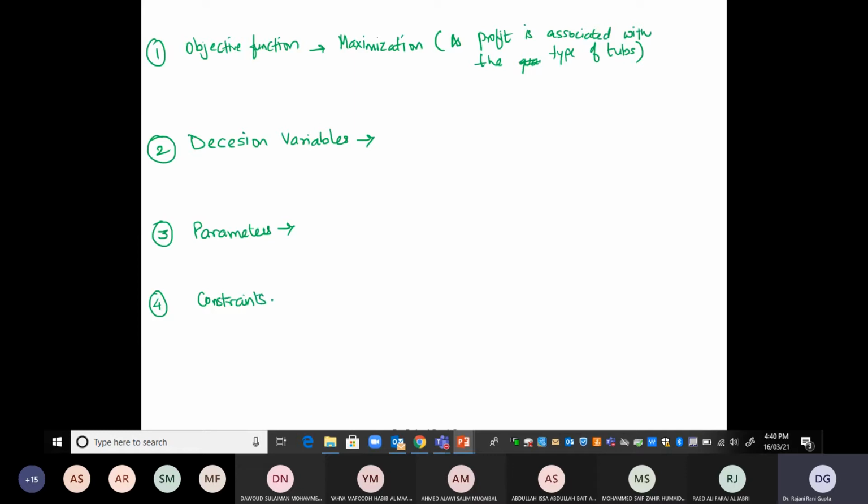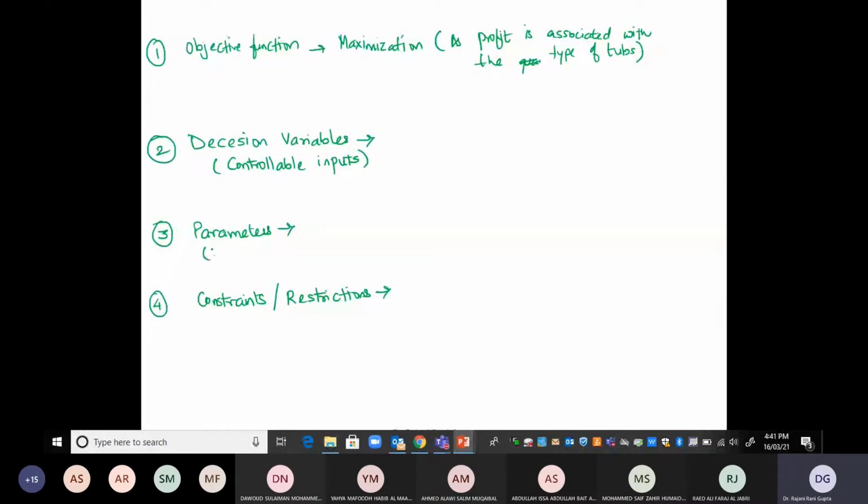Constraints, or you can say restrictions. If you remember what I said, decision variables are controllable quantities, controllable inputs. The things that are under your control.